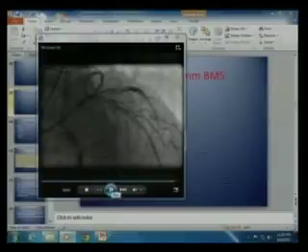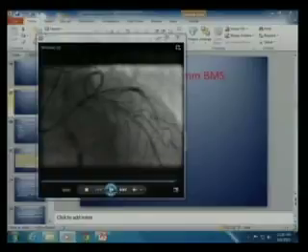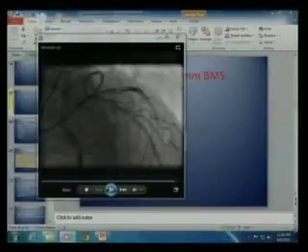So once we decide to put in a stent, one of the things we have to decide in the cath lab is whether to put in a drug-eluting stent or a bare metal stent. As you know, for most of our patients we use drug-eluting stents because they have low restenosis and low target lesion revascularization.